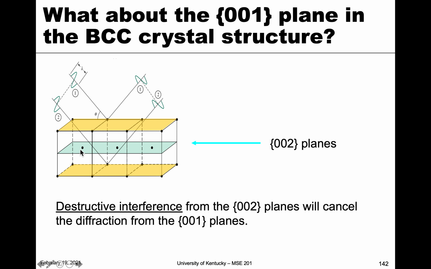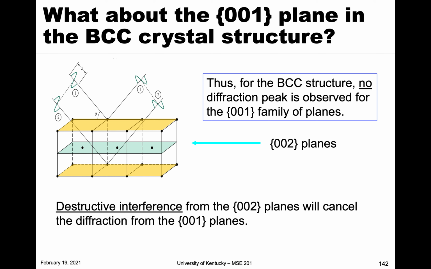So what happens is that the fact that we have atoms now in the middle here actually cancels out the constructive interference between the top plane and the bottom plane. So having that middle plane now cancels out and causes destructive interference. So the 001 planes destructively interfere with the 002 when you have that plane.